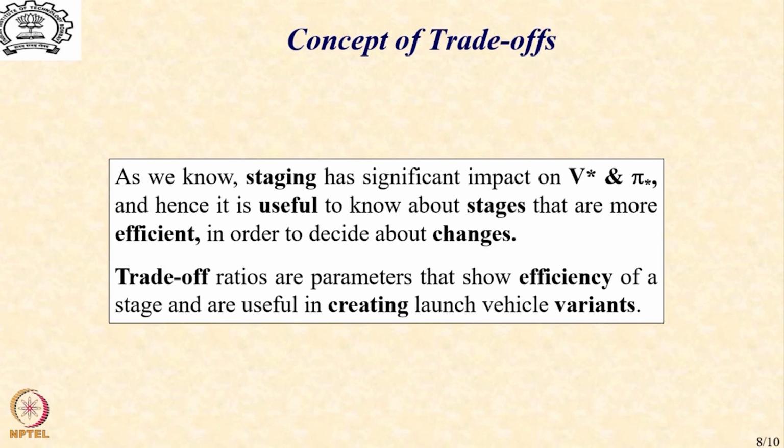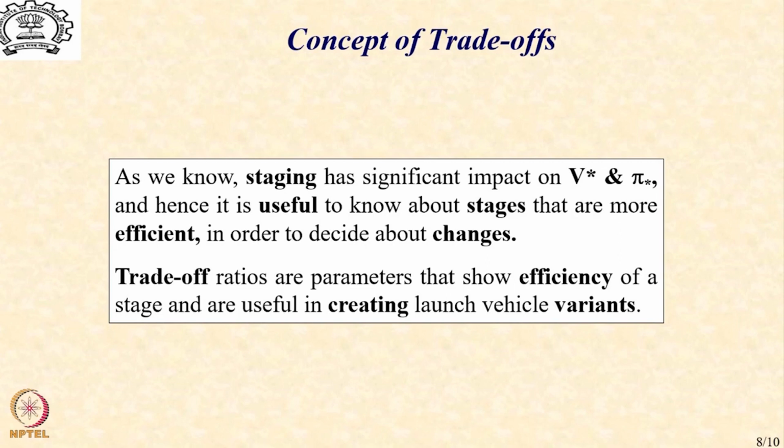And immediately we realize that these ratios are directly going to show us the efficiency of a stage, because these ratios are in the form of sensitivities. And we know that sensitivity is directly related to the efficiency, which means a stage which is efficient will be more sensitive to changes, so that a small change in the stage configuration will result in a large change in the burnout parameters.